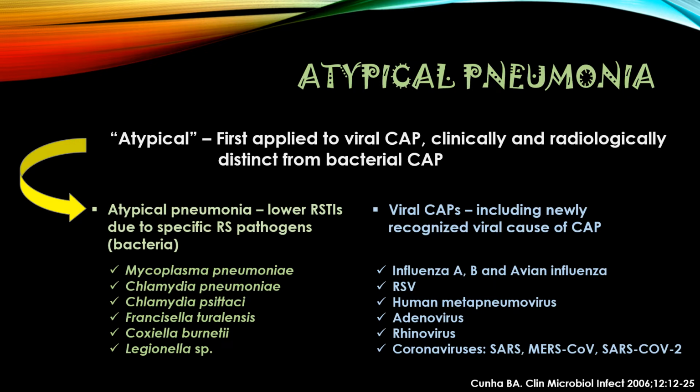This is the most common cause of viral pneumonia. The last, I think you know as well, is coronavirus that can cause pneumonia. So atypical pneumonia doesn't mean it's less severe than typical pneumonia. It's a wide range of entities. Okay.